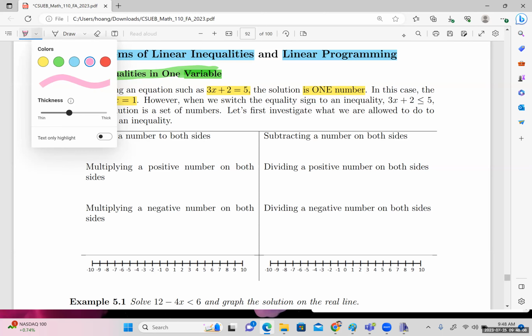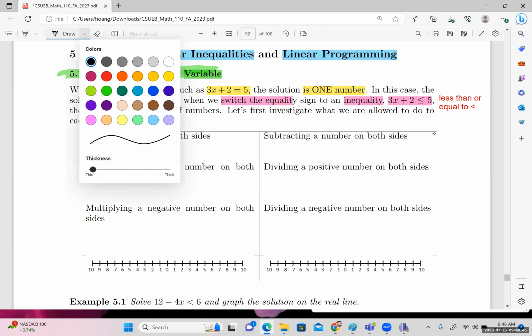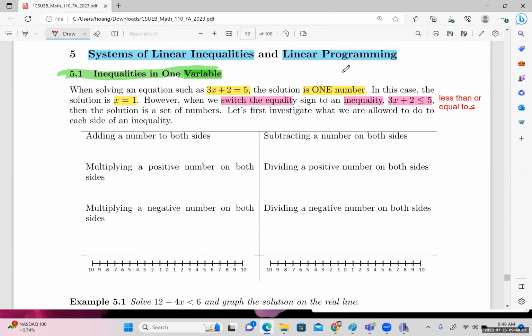However, when we switch the equality sign to an inequality, so we change it to 3x plus 2 less than or equal to 5, the notation is less than or equal to, like that, the one with the line under it.